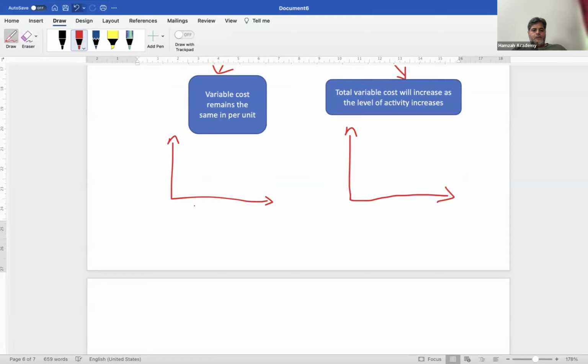Now, look, this is the volume, this is the amount, right?